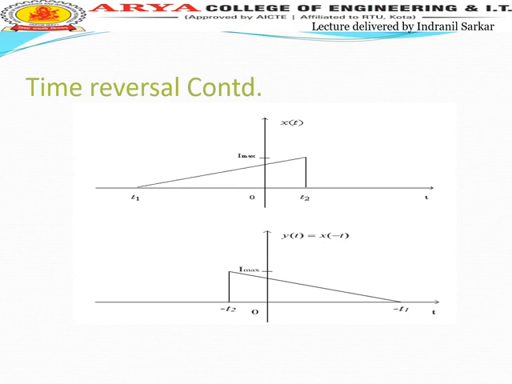Now when it becomes y(t) is equal to x(-t), it is just a replica, just reversed, or you can say this is the mirror image. The signal goes to the opposite direction and it starts from -t2 to -t1. Okay, that is the time reversal technique.